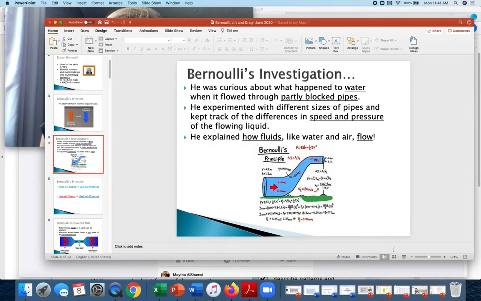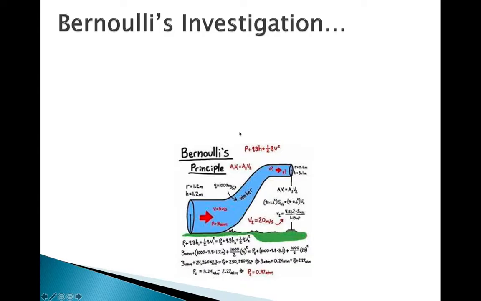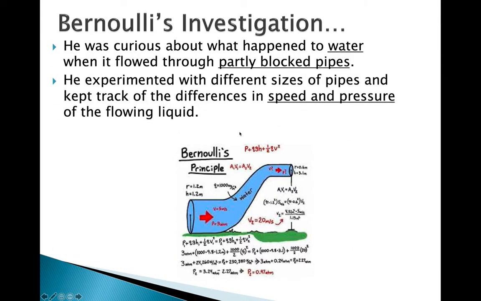What he did is he experimented with different sizes of pipes and kept track of the differences in the speed and the pressure of the flowing liquid. This is all of his work here. You do not need to understand this. This is university level stuff.